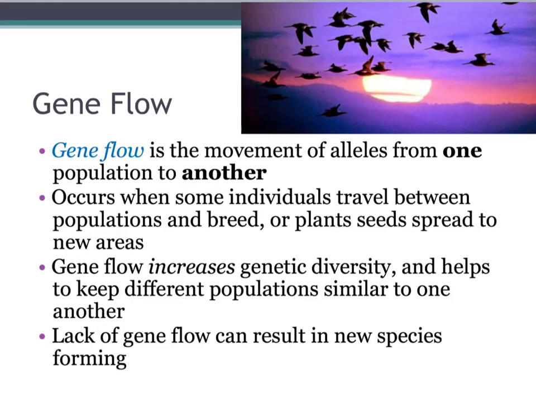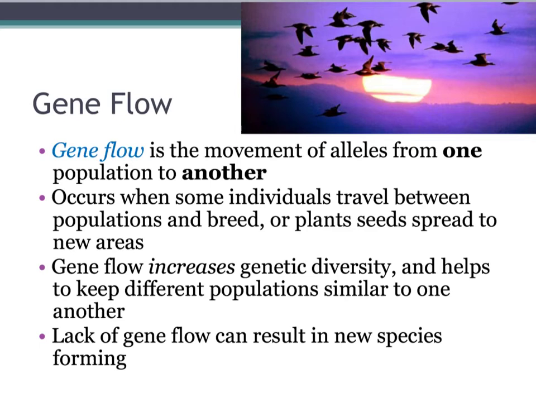So let's talk about gene flow. Gene flow is the movement of alleles from one population to another. You can see I've got a picture of some birds flying south for the winter. These birds are going to move their genetic information from their population in the north down to a new population in the south. This also happens when plant seeds spread to new areas.